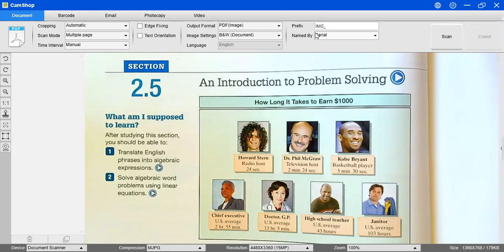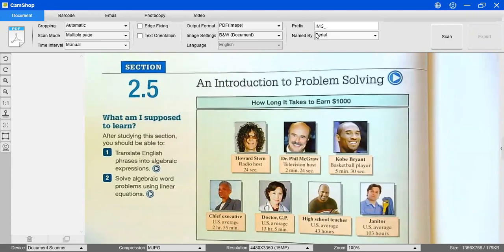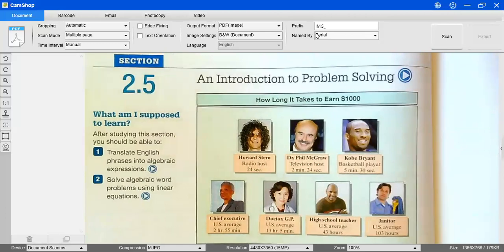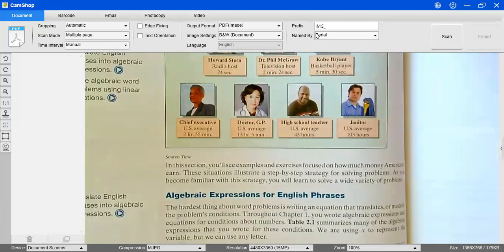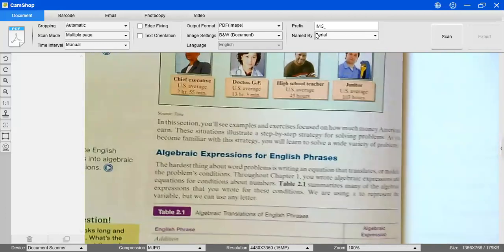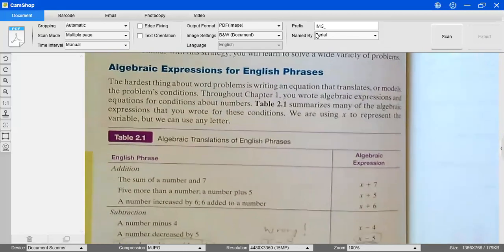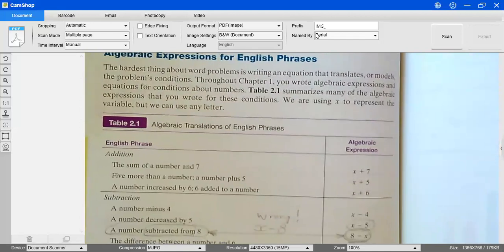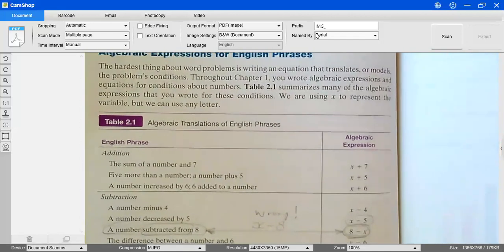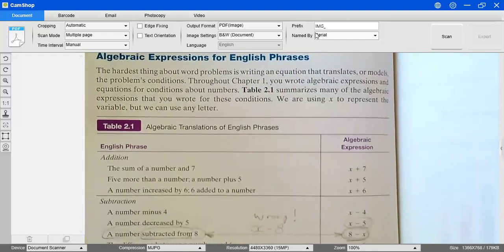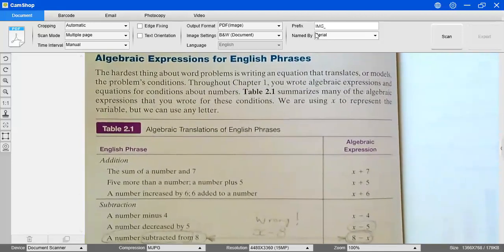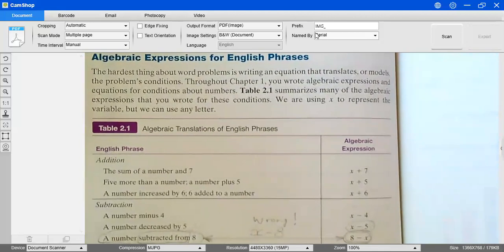So it's very important that you read carefully the examples that are provided in this table, table 2.1. So you need to check this table in your book. There are many English phrases and the corresponding algebraic expressions.